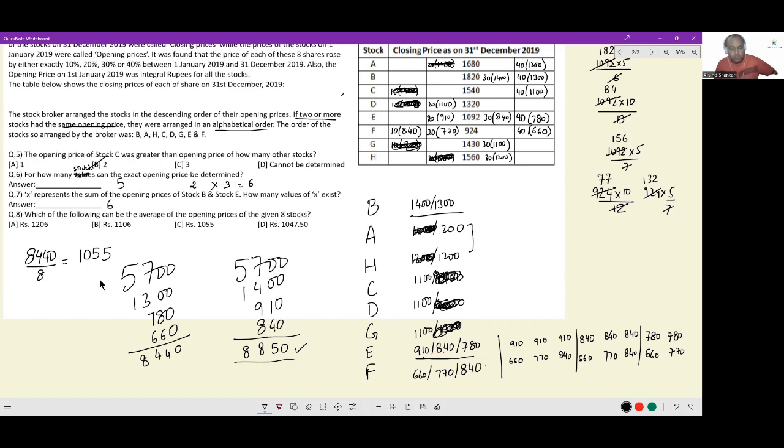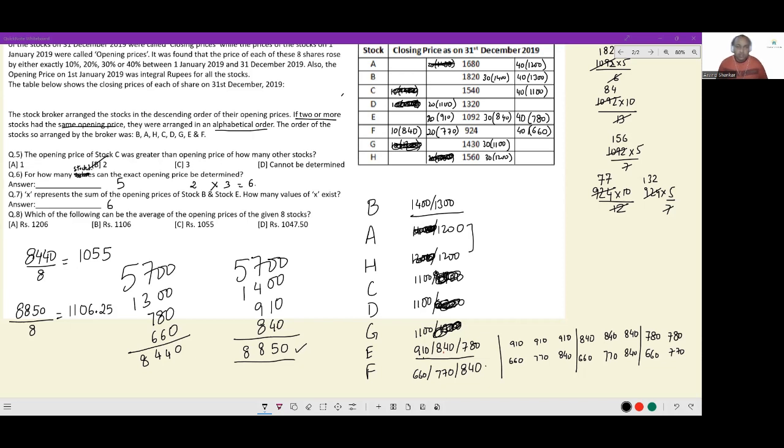This is the minimum possible case. And the maximum possible case will be 8850 by 8, which will get me to 1106.25. I hope I have done the summations appropriately, because right now all the possibilities seem valid.